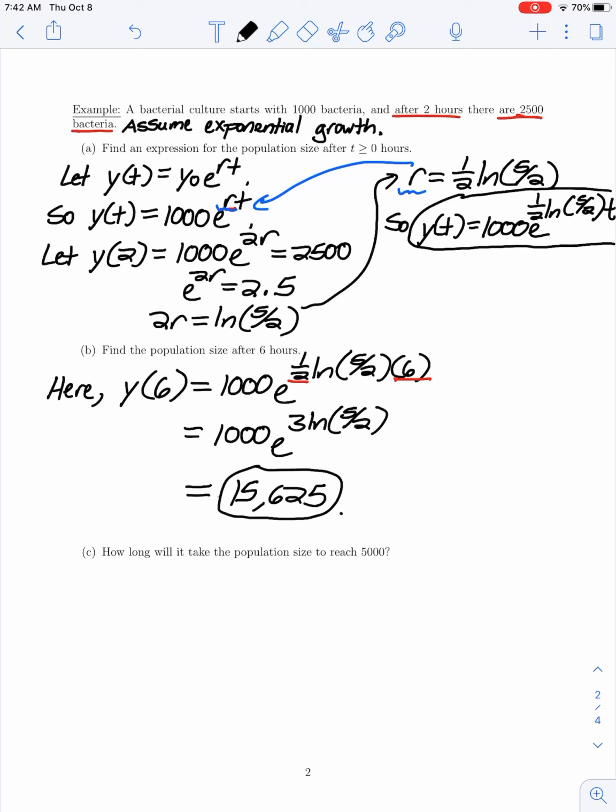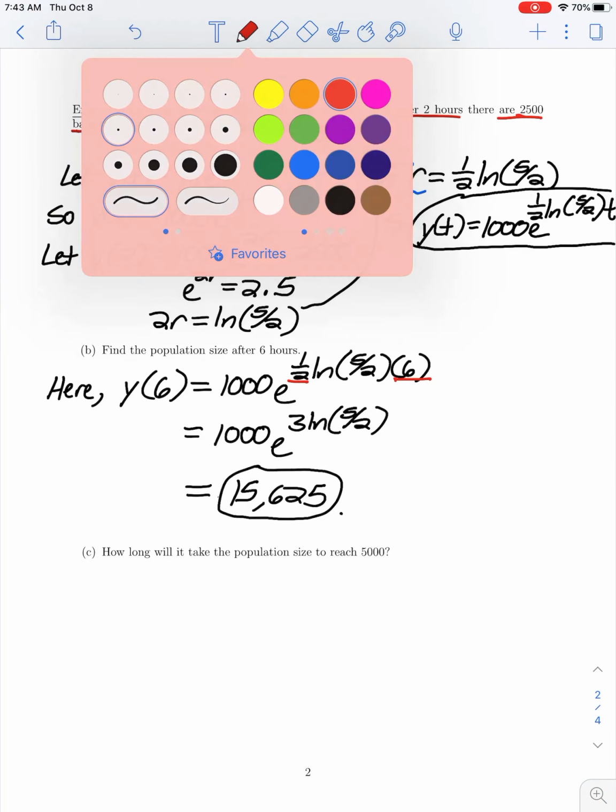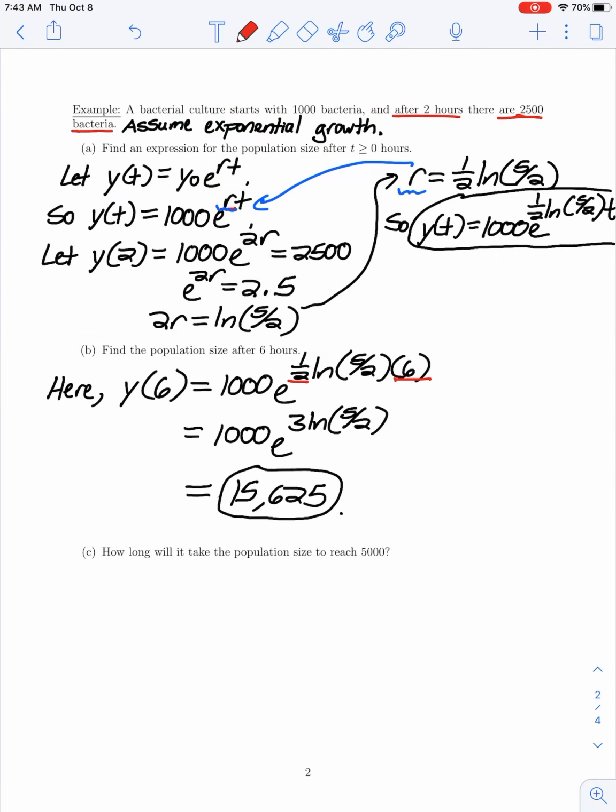And then the question is, in part C, how long would it take the population size to reach a certain value, say 5,000? Now, since we started with an initial population of 1,000, we're asking, well, how long would it take for the population size to reach 5 times its initial value?